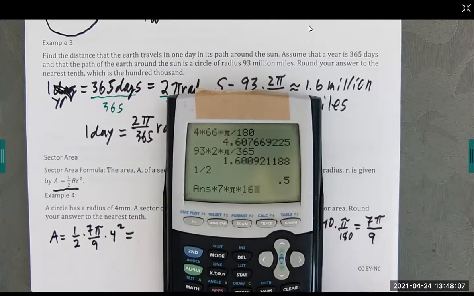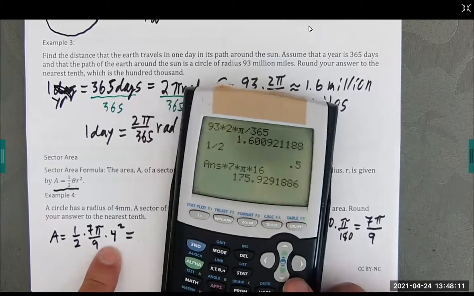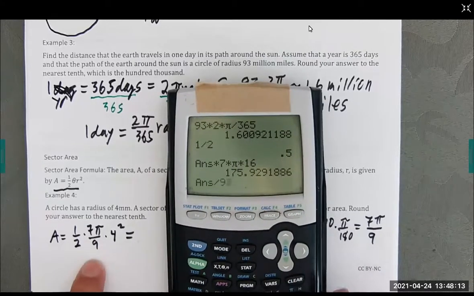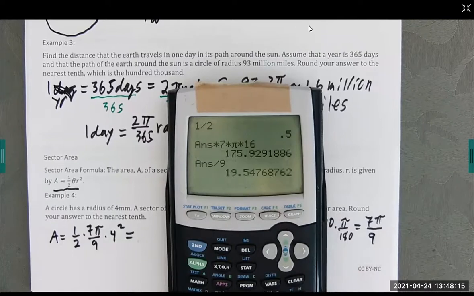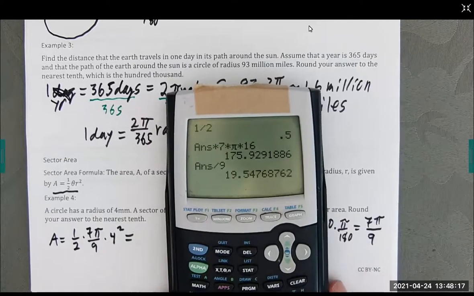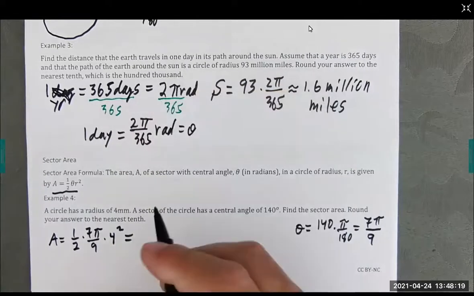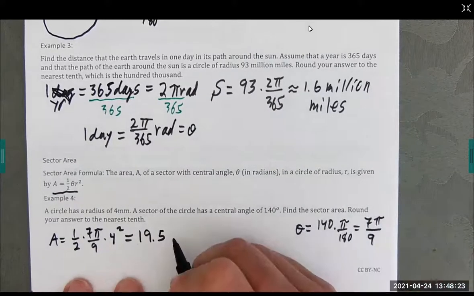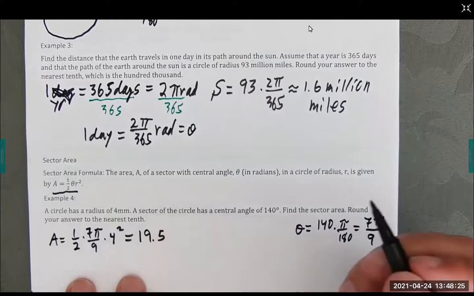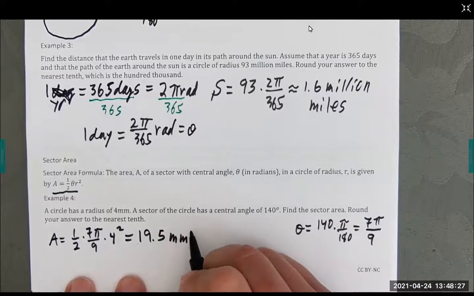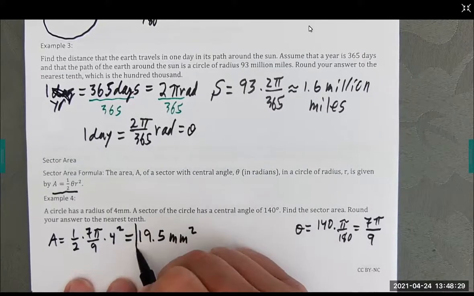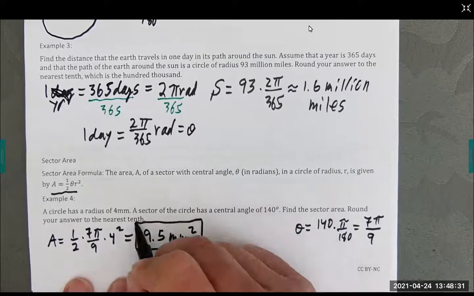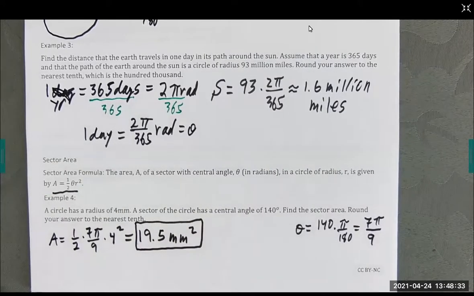I went ahead and squared that 4. Then divided by 9. Give me about 19.5 square millimeters. Once again, those of you watching this video, you should have a calculator and be doing these yourself.